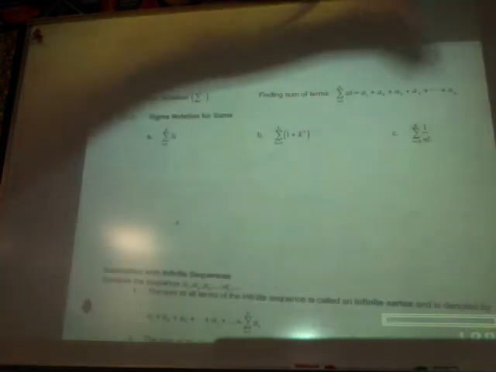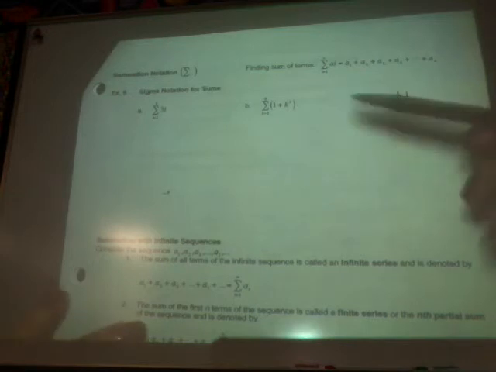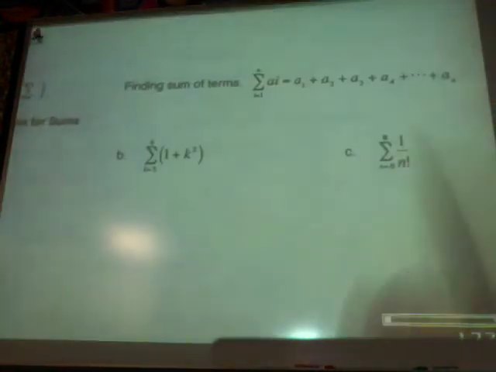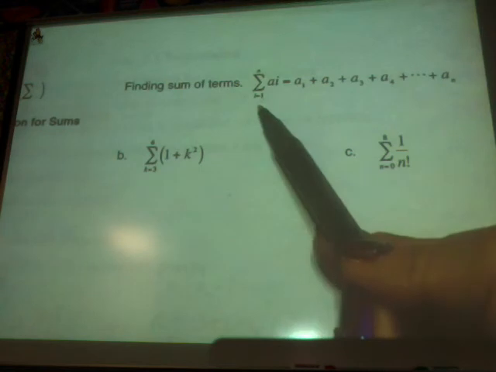Whoops, let me back out here a little bit. So we're going to find the sum of sequences. It's just shorthand notation. If I look at this one, this is my lower bound. On this one, I've got a 1, right? So my lowest number for i is 1.